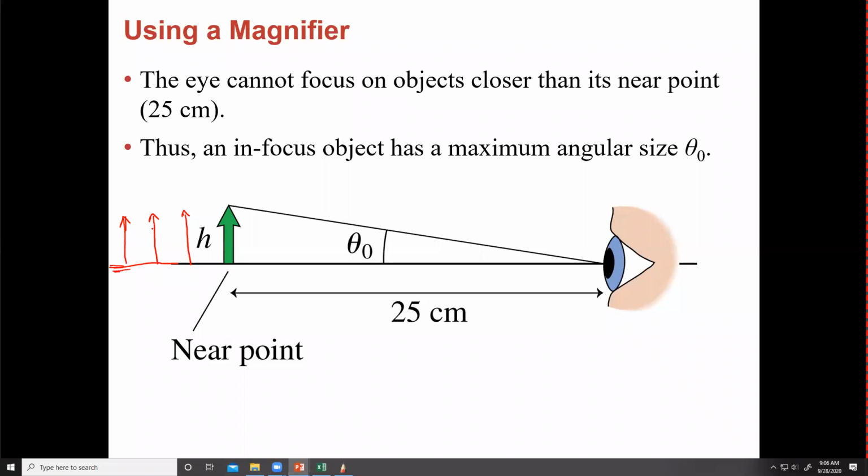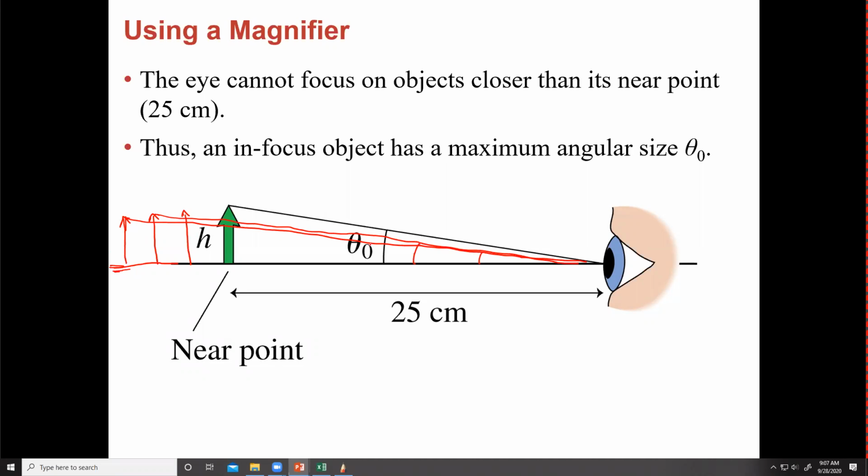If you compare the angles, that's the angle subtended at this distance, and that's the angle at that distance.